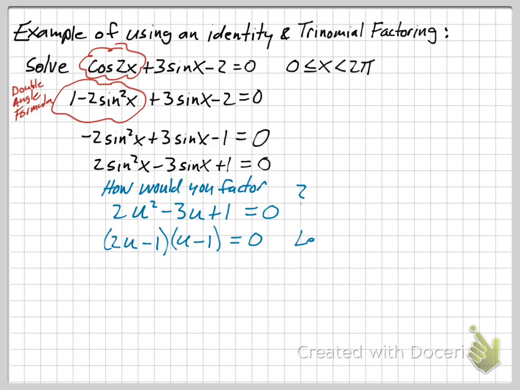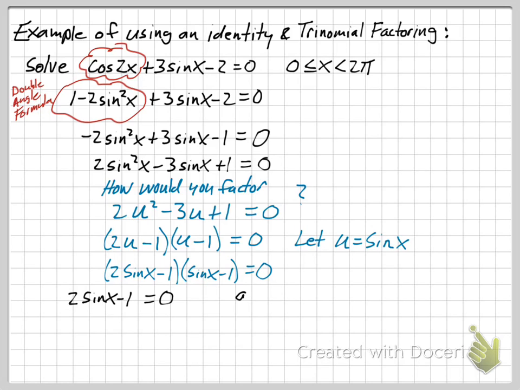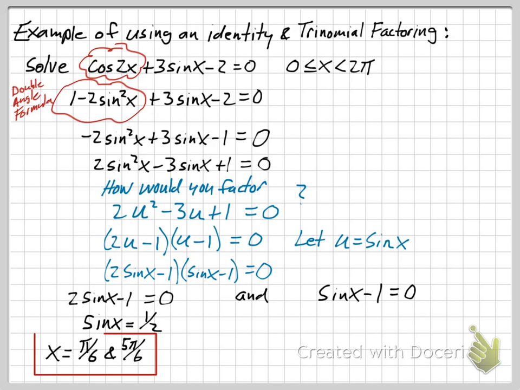All right, and what I can do now is I have two factors here. I'm going to do like I did before. I'm going to set these factors equal to 0. And now I'm way back to where, you know, this is easy stuff. This is the stuff that we did in the first part of the unit. So where does the sine equal a half?